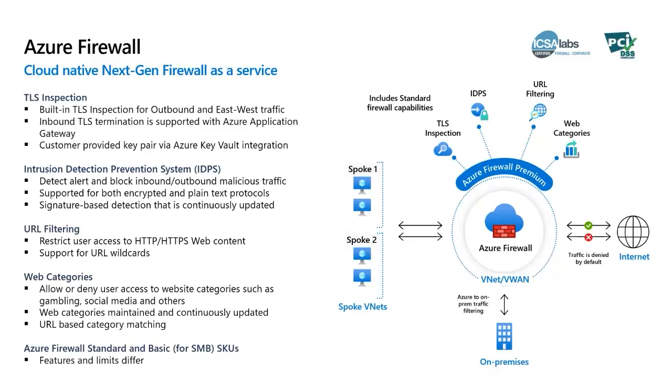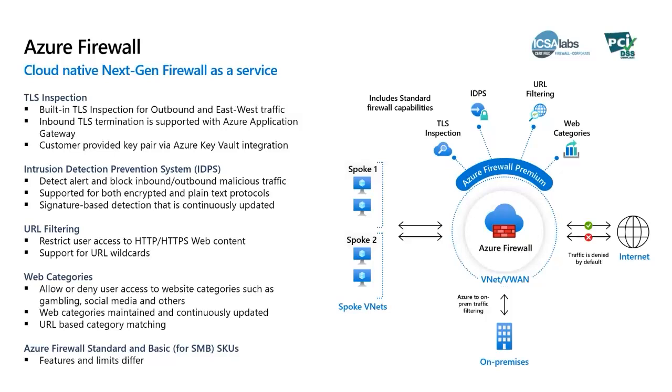Then we have the IDPS, which is the intrusion detection prevention system. That's also only available for the premium. We have the URL filtering, so we can be very specific on the URLs that we want to inspect and apply filters on. Then web categories, we can also use URL filtering for web categories.